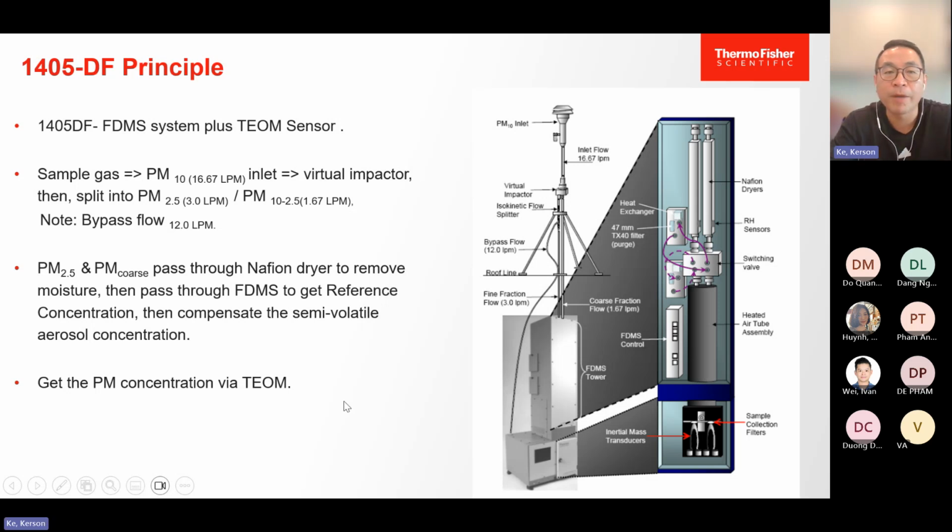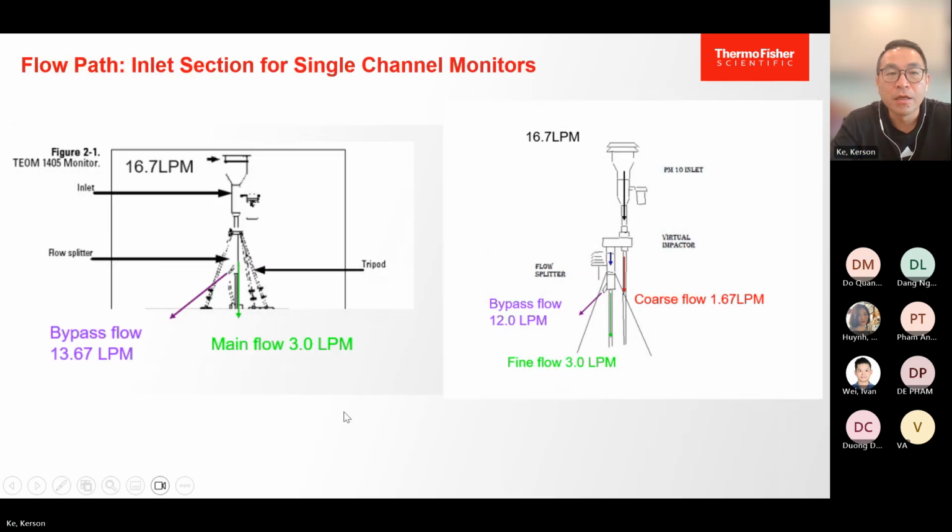That's the flow path. Compared to the 1405F, they also use the same PM10 inlet, which is 16.7 liters per minute. The different design is they have different bypass flow because of the different sizes used.